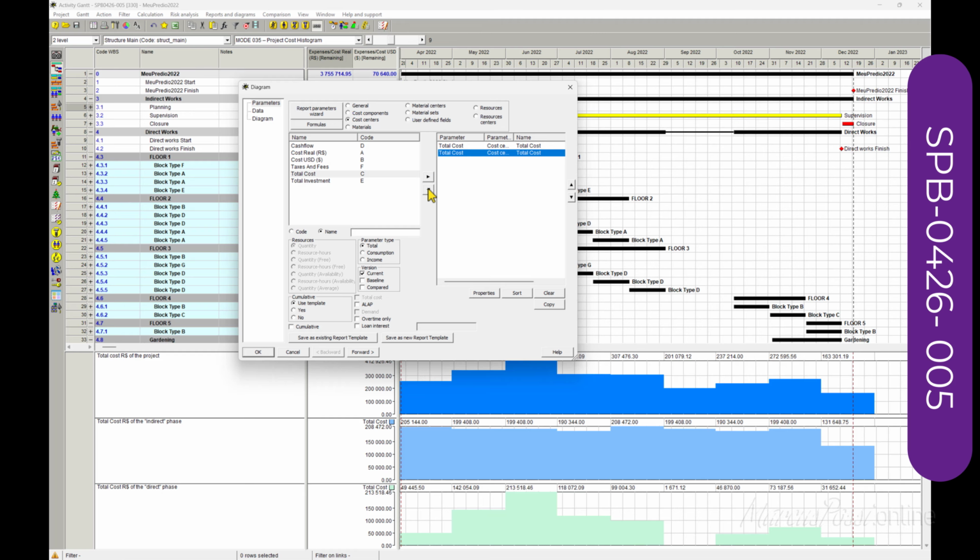Yes, because there is a total cost general variable here. You choose the cost center total cost. Okay, is it cumulative or not cumulative? So groupings total costs.